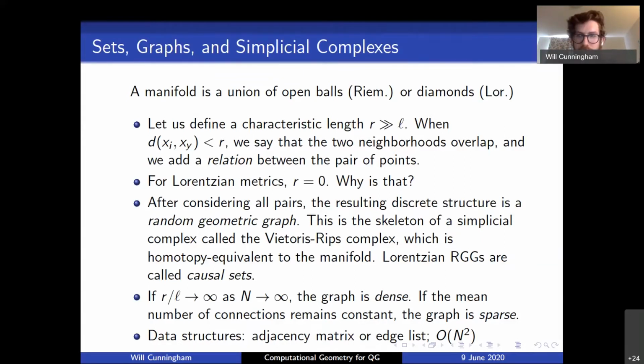Well, there's a debate on whether or not that limit is actually important. Because on one hand, we want to understand, do these observables converge? Specifically, how does a finite set of points in the infinite limit end up looking something like a manifold? On the other hand, in causal set theory, one of the key axioms of the theory is that space-time is fundamentally built of discrete building blocks.